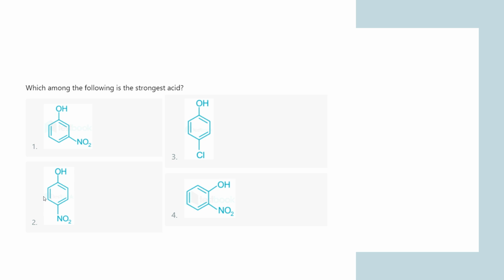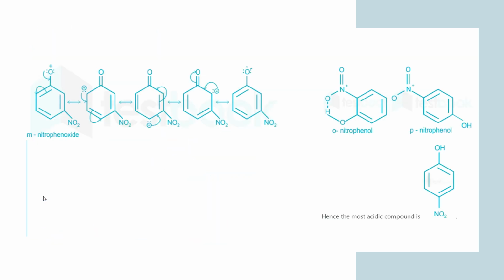And then in the next question, we again compared the acidic strengths of these four phenolic compounds, and we talked about various electron withdrawing activities of the nitro groups, and we saw why ortho nitrophenol was less acidic than para nitrophenol.